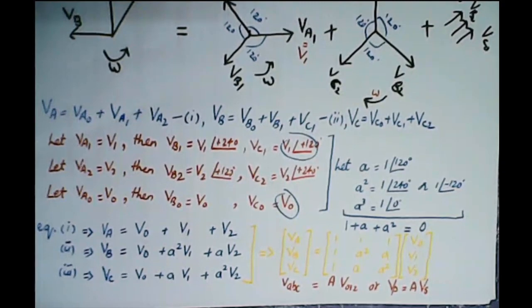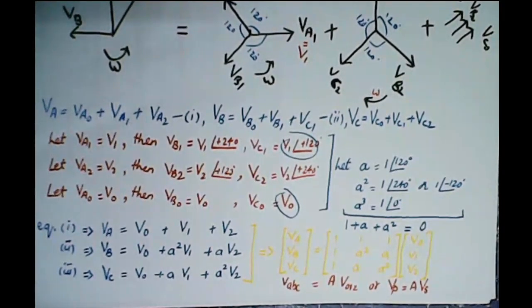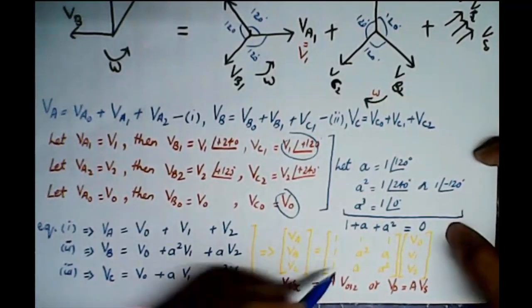And always remember, A is called the sequence component transformation matrix, the symmetrical component transformation matrix.